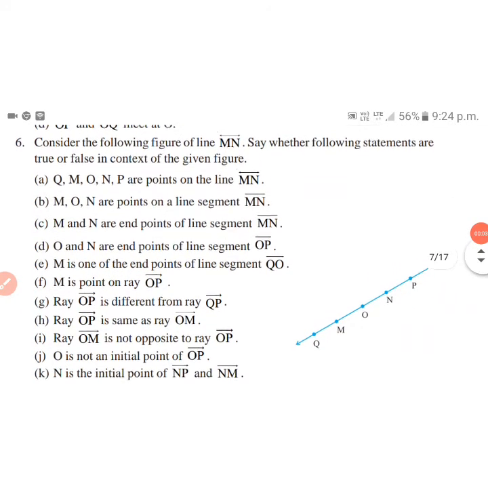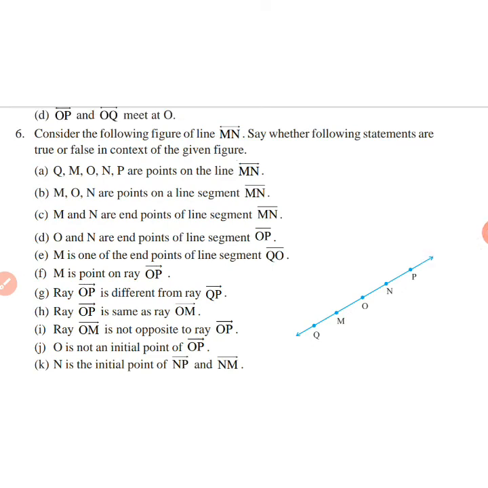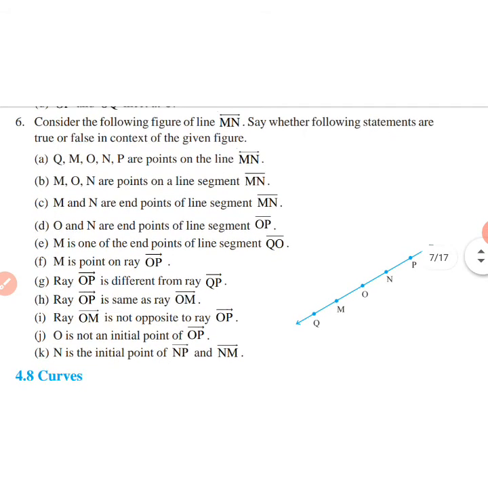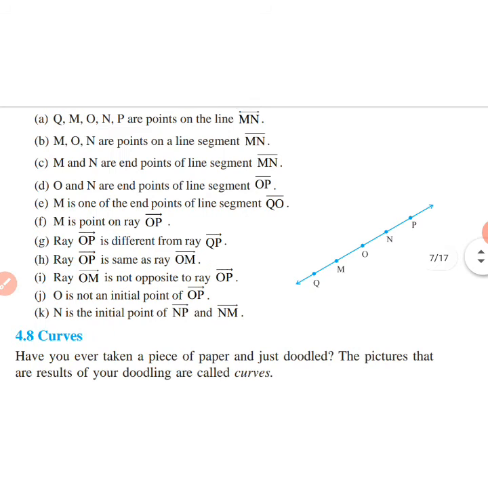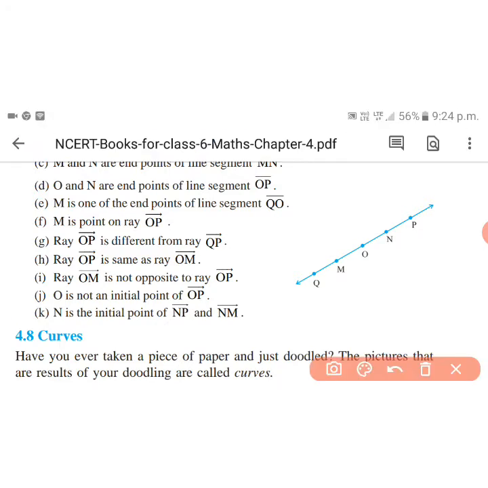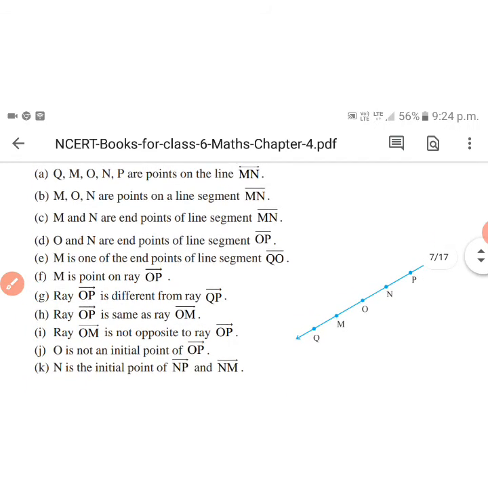Question number 6. Consider the following figure of line MN. Say whether the following statements are true or false in the context of the given figure. A part: Q, M, O, N, P are points on the line MN. The statement is true.